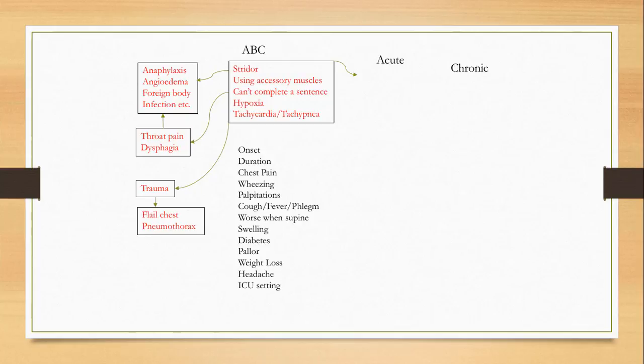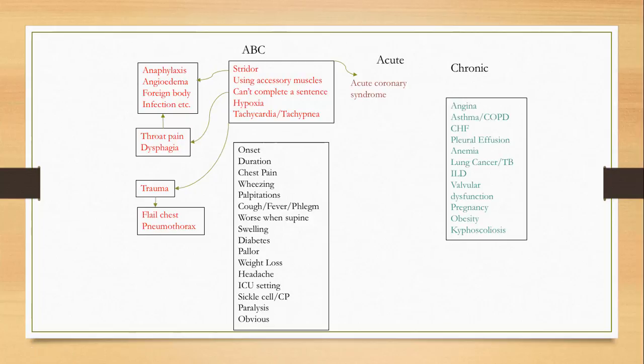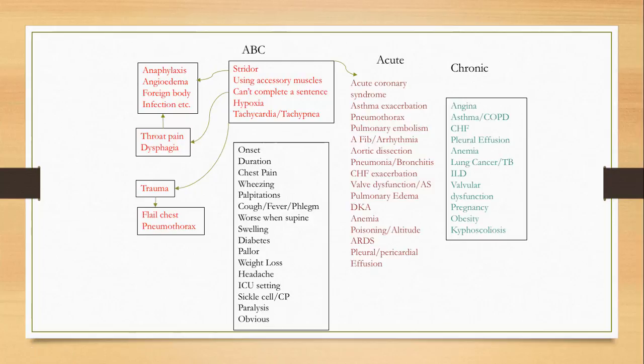If you want to summarize all the questions, these would be your summary of questions, and maybe some more, of course. And then there are going to be obvious causes of dyspnea. And these two tables we already looked at in the beginning, so just review them again.